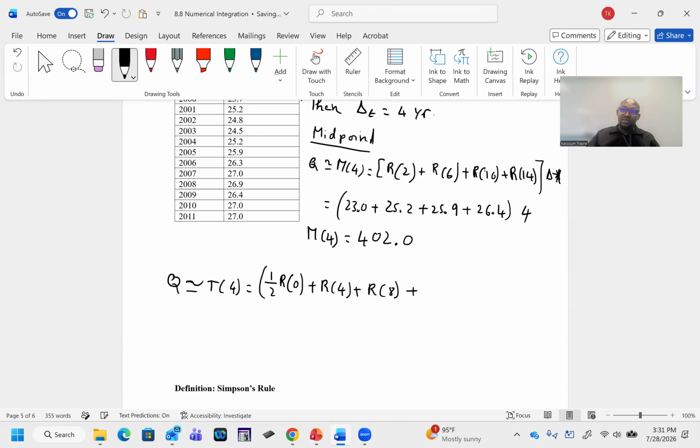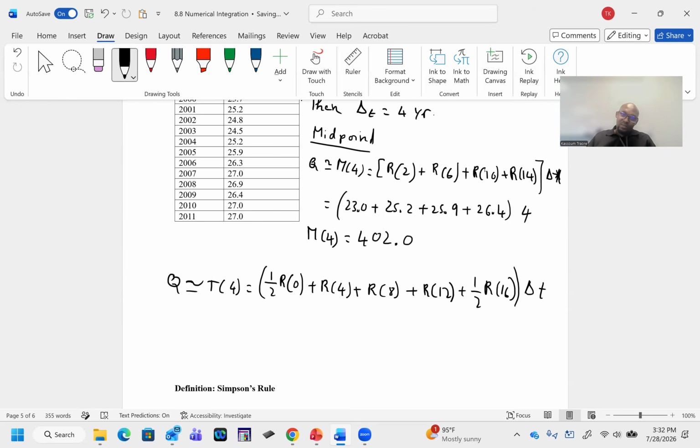Plus R of 12 plus 1/2 R of 16 times delta T. Why? Because for the trapezoid, we just add delta T. So start from 0 plus 4 plus 4 and plus 4 and so on.